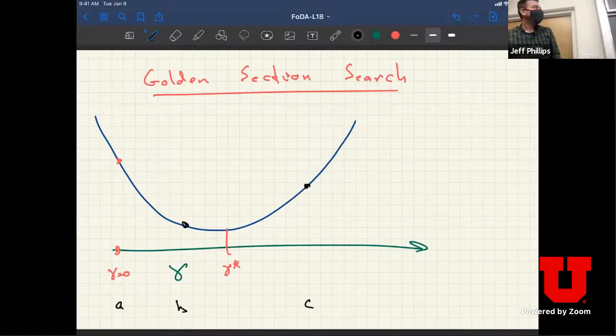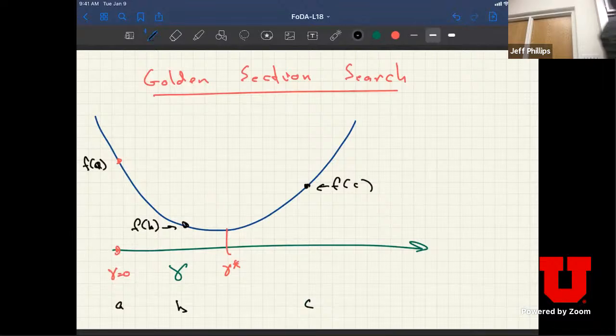Now I have a few options based on the function value at these points: this is f of A, this is f of B, and this is f of C. If I know B is less than, no, I think I need one more point here.